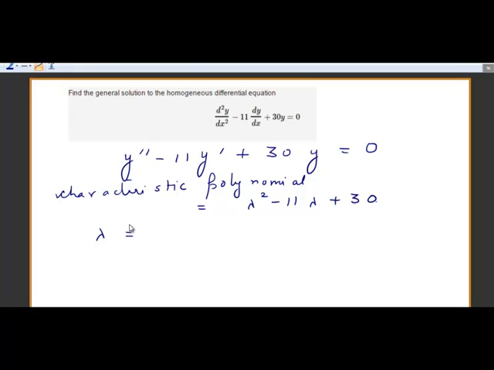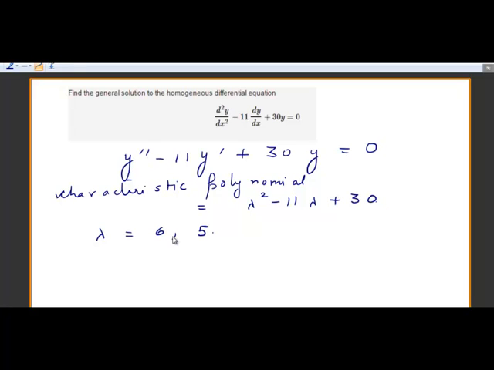So you have here 6 and 5 as factors of 30, and then negative 6x and negative 5x will make it negative 11x. So 6 and 5, everybody agrees, will be the roots of this polynomial. Question? No? Okay.